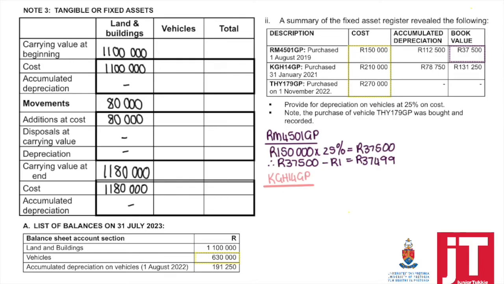To go to the next asset, KGH14GP, the cost is 210,000. If we times 25%, it means my depreciation is 52,500. And that, if it's added to the accumulated depreciation, it will definitely not be the same as the cost.